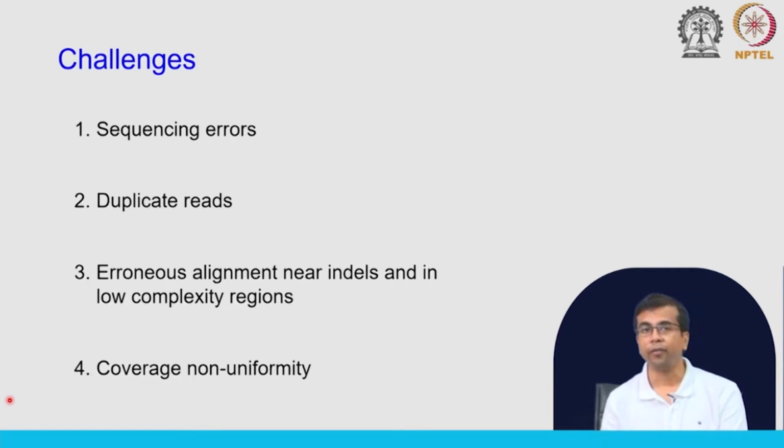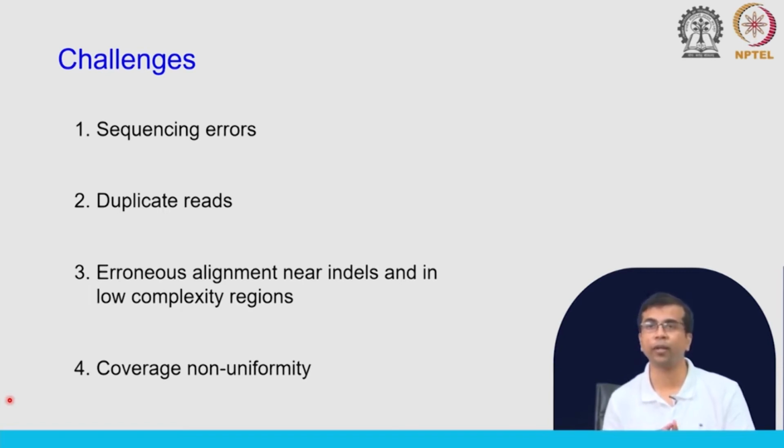And then finally, we have coverage non-uniformity. What we mean by coverage non-uniformity is that not all regions of the genome have the same coverage. There is a lot of bias, and these biases come from, for example, amplification bias. Certain sequences are amplified much more efficiently during the amplification step compared to other sequences.